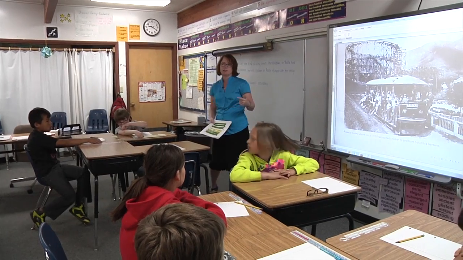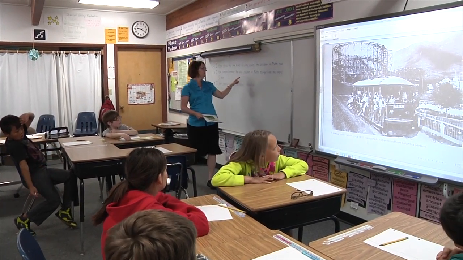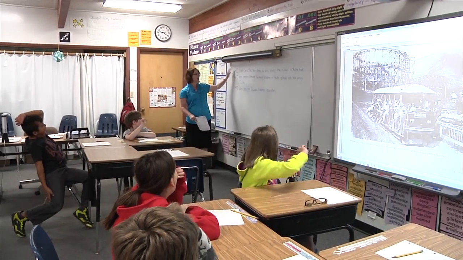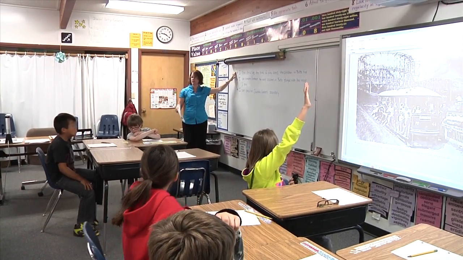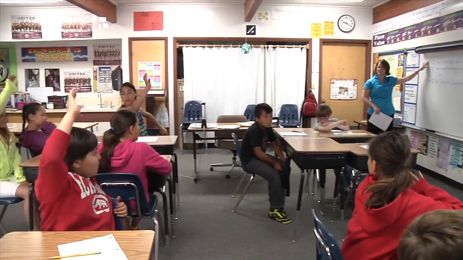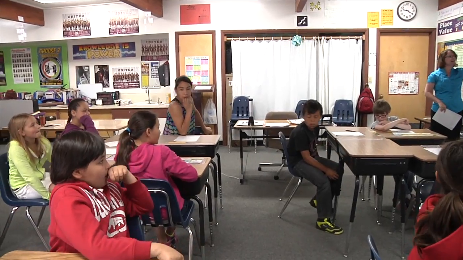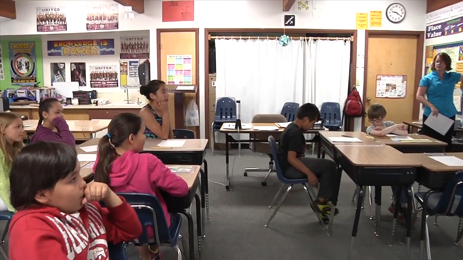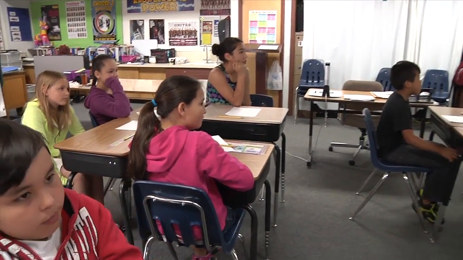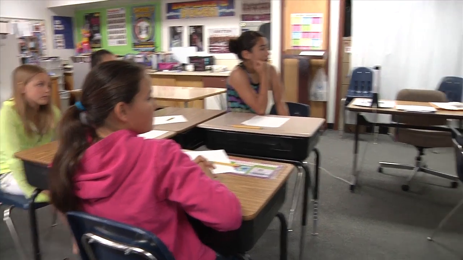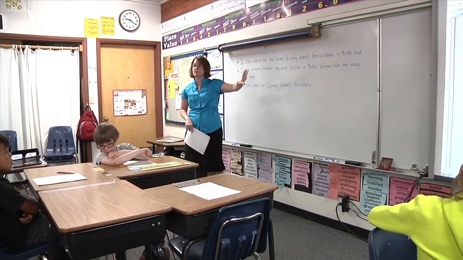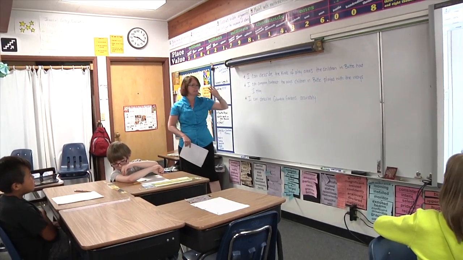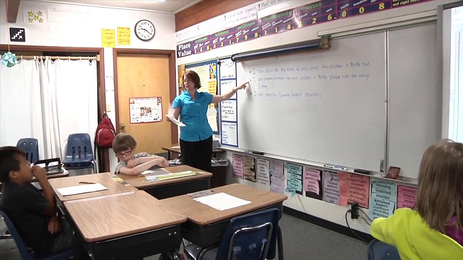At this time, I want to just direct your attention over here to our learning targets. Does somebody want to read the first one? Oh my goodness, look at all these. How about Shay? I can describe the kinds of play areas the children in Butte had. Very good. I can describe the kinds of play areas the children in Butte had. We already can do this a little bit, can't we? Just a little bit. Okay, next one.